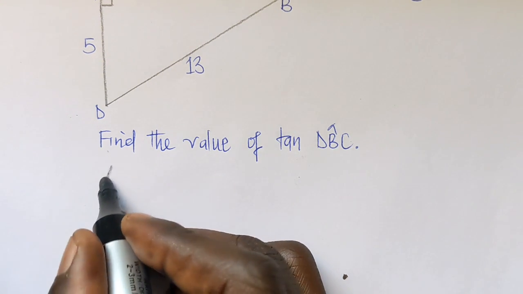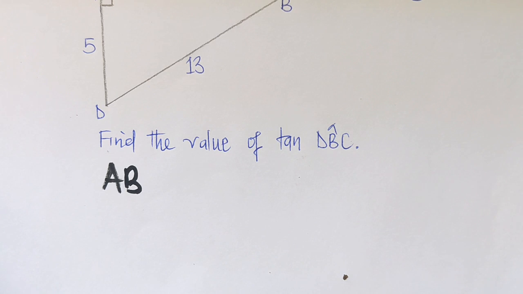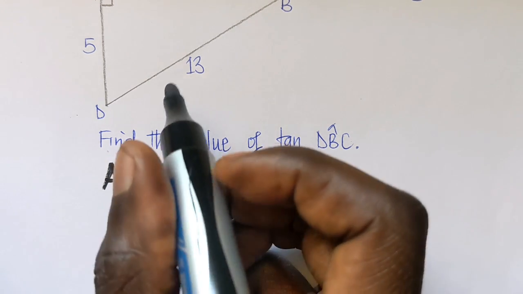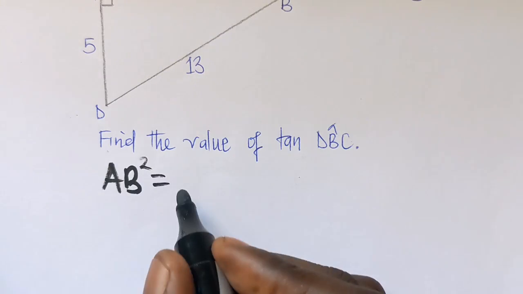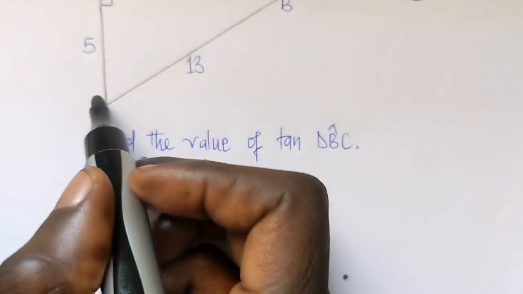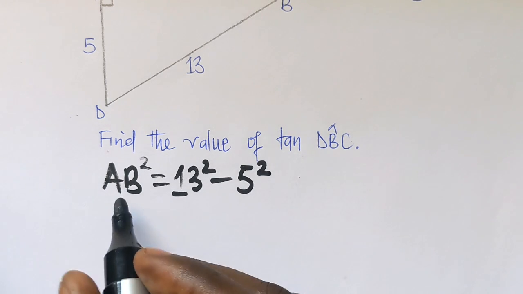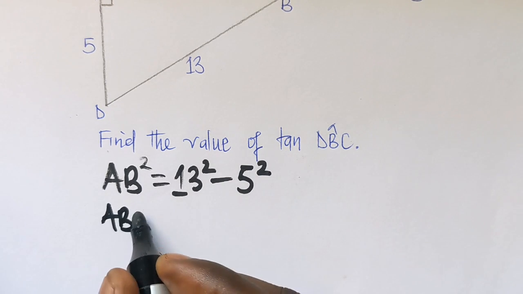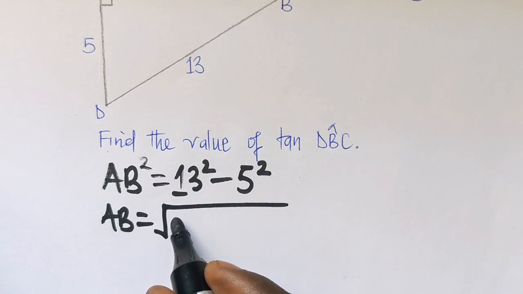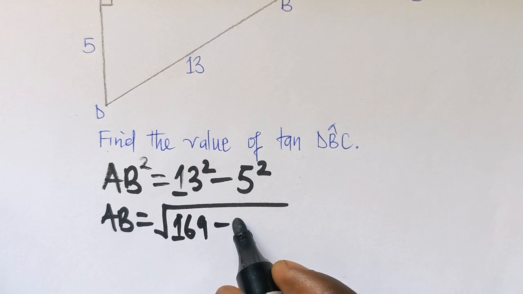To get AB, we are going to use the Pythagoras theorem. So AB square is equal to the hypotenuse squared, which is 13 square, minus this side, the adjacent side, 5 square. So AB is going to equal the square root of 13 square, which is 169, minus 5 square, which is 25.